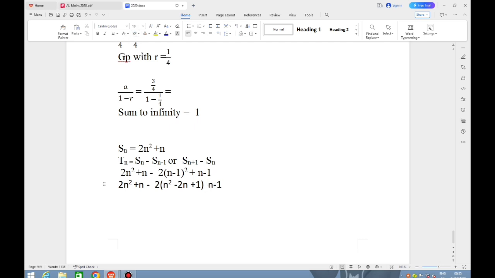This is all in brackets because the negative sign affects everything inside, and that gives 2n squared minus 4n plus 1.